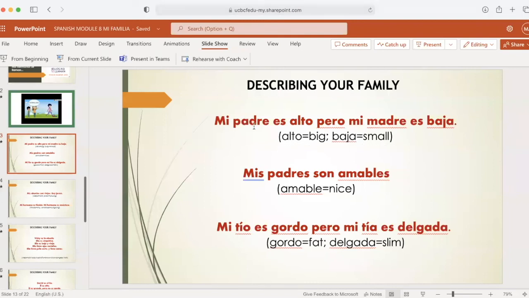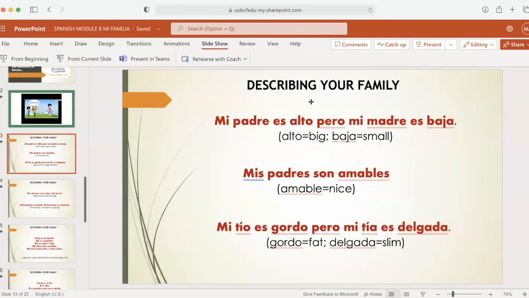How is your father? How is your mother? We would now describe them physically, no? We will use the most common physical adjectives as well as the most common adjectives like friendly, fat, or slim, no? These kinds of adjectives.